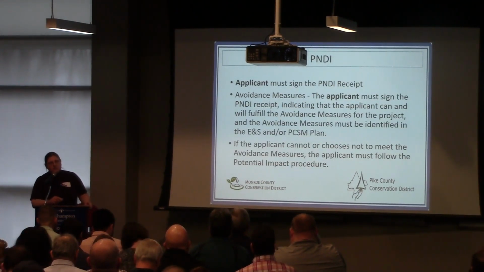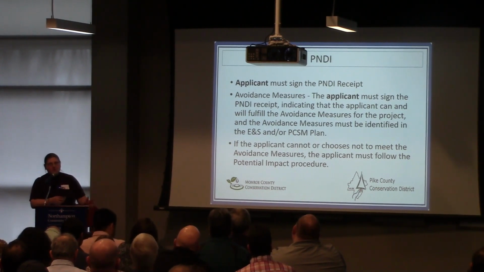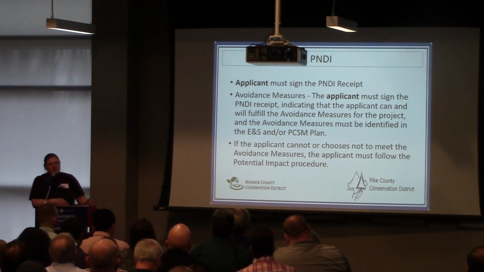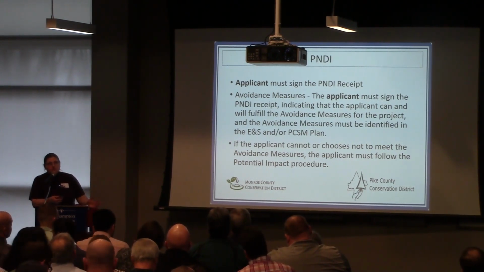This is something we wanted to stress. The applicant must sign the PNDI. In the Chapter 105 program and the Chapter 102 program, the applicant has to sign the PNDI. You can no longer fill out Section 7 and 8 for your applicant. They have to sign it. It's especially important when there are avoidance measures. They're agreeing to fulfill those avoidance measures.